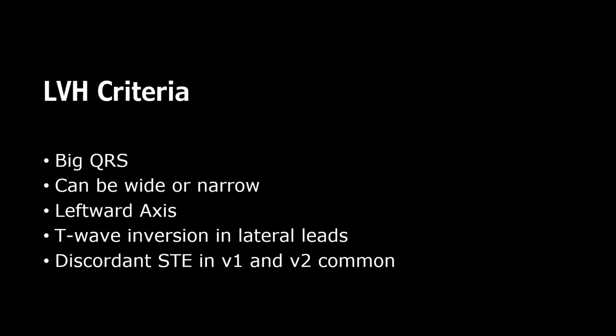But the thing that throws people with LVH is that your standard LVH patient is almost always going to meet criteria for an anteroseptal STEMI, especially in the early precordials, V1 through V3, because you're going to have a downward QRS complex and your T-waves are often upright.